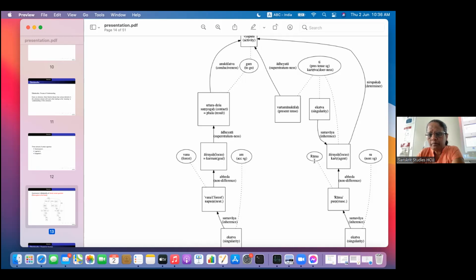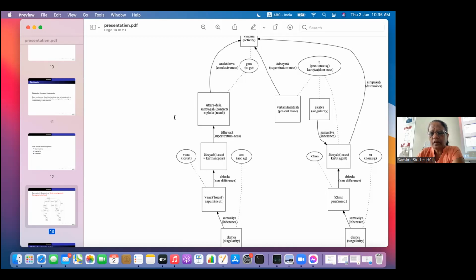Similarly, the meaning of the word Ramaha, the meaning of Rama and the meaning of this suffix, these two together tell us that it is the agent for this particular activity. And there are again certain constraints that this agent, the singular meaning coming from this and the singular meaning coming from this, should match and all that.